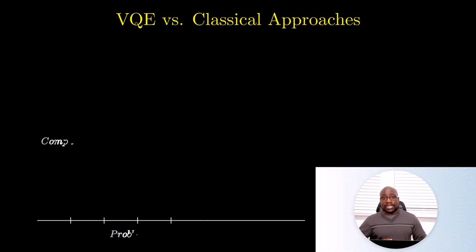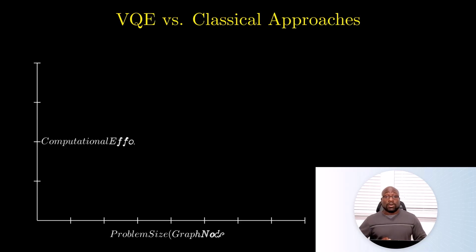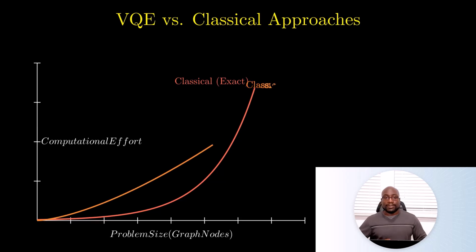So how does VQE compare to classical algorithms for max-cut? For classical algorithms, exact solutions are exponentially hard. Heuristics like simulated annealing can find good approximations, but also scale poorly as the graph size increases.